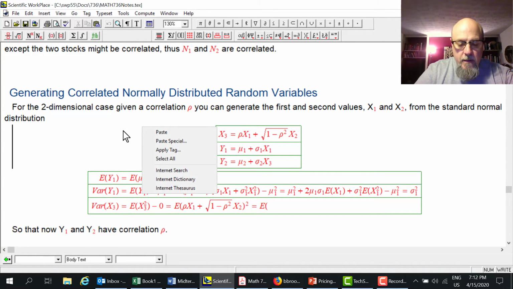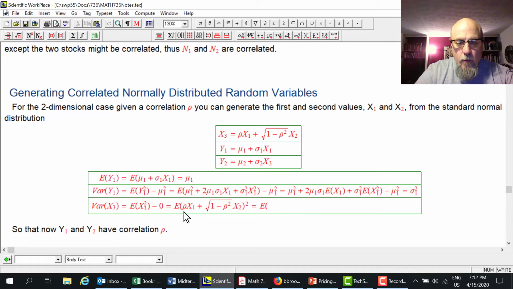So when I square that out, it's going to be rho squared x1 squared, plus 2 times this piece times that piece.